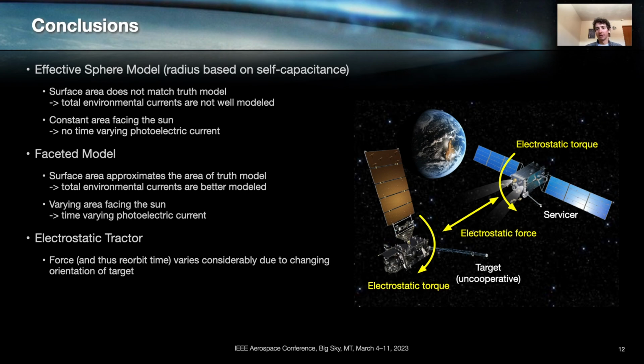With a faceted model, on the other hand, we can approximate the total surface area of the spacecraft better, and we have a time varying, orientation varying area facing the sun, which allows us to have more accurate simulations, because the area that's facing the sun affects the equilibrium potential of the spacecraft, and that equilibrium potential again affects the corresponding electrostatic force and torque, and therefore this will affect any simulations that deal with electrostatic forces.